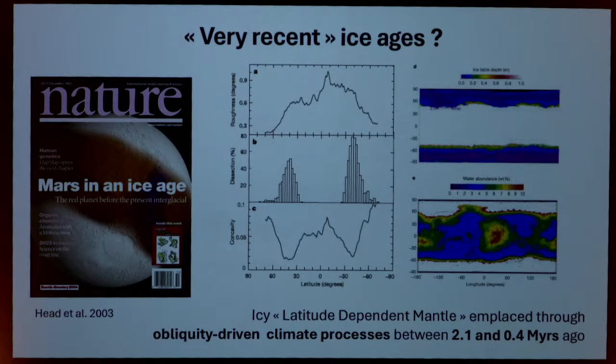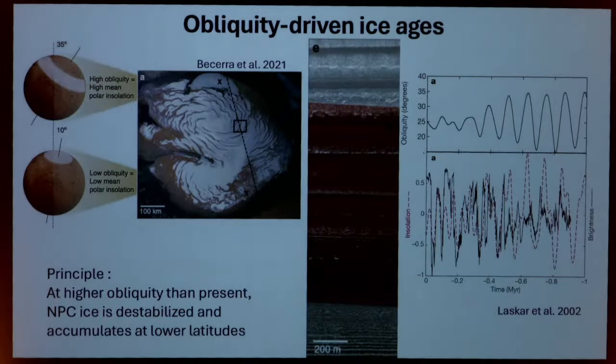As we have been discussing since the beginning of the morning, when you have high obliquity, ice on the northern polar cap is unstable and is thought to be more stable at lower latitudes.